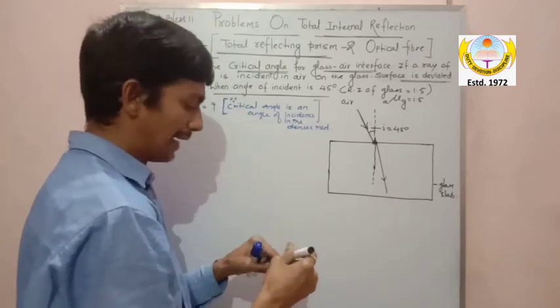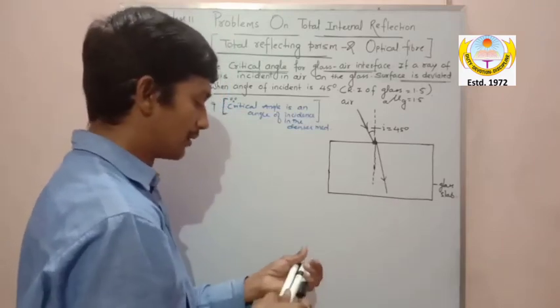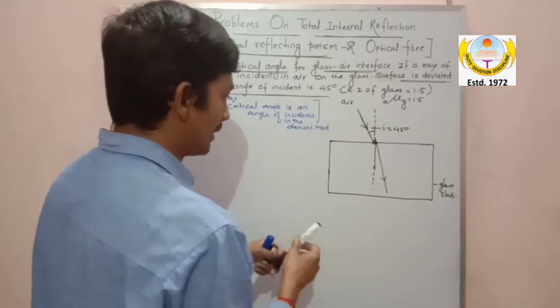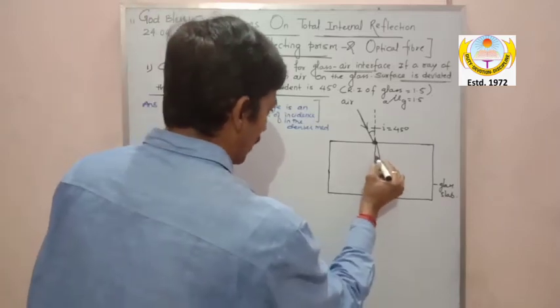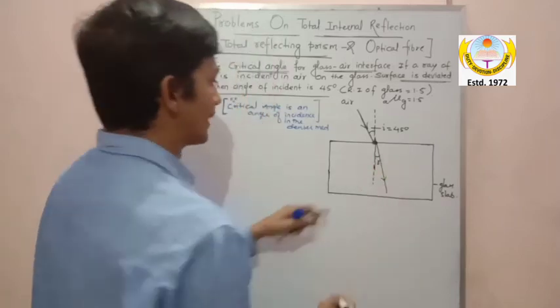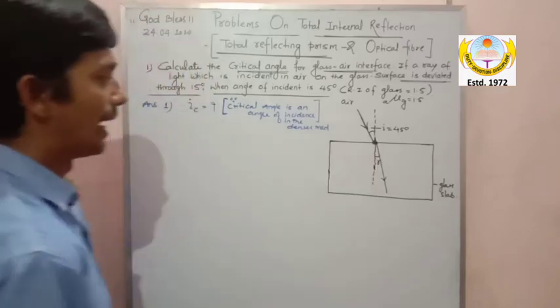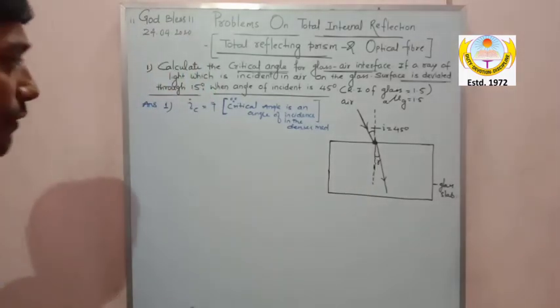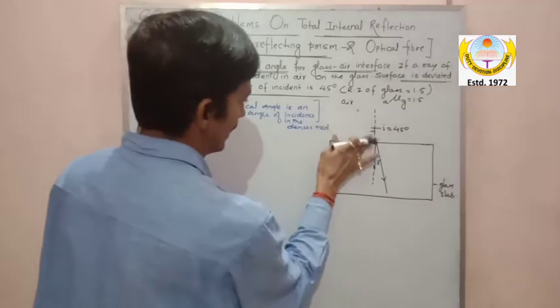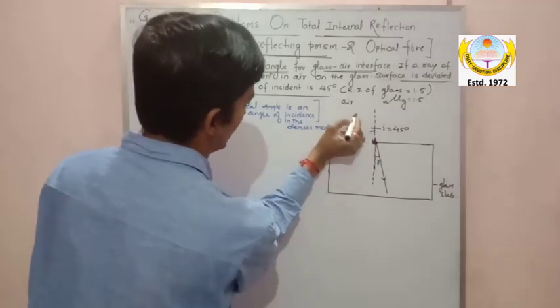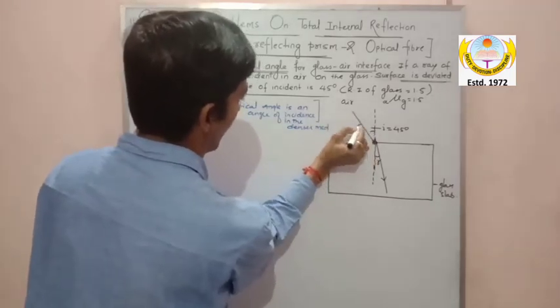Now since it is bending towards the normal, my dear, here you can see the angle of refraction, that is R. And here is the angle of refraction. Here is your incident ray.